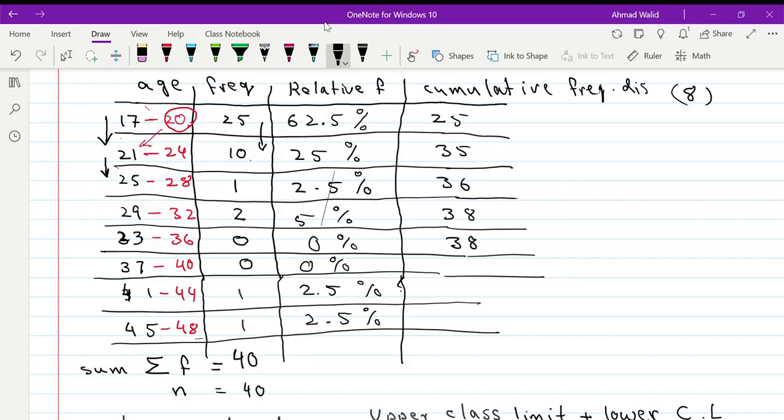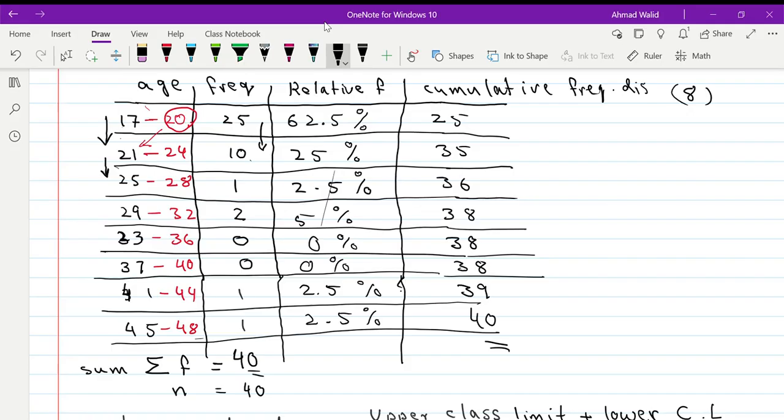Next one is 0. It gives you 38. Next one is 1. It gives you 39. Next one is 1. It gives you 40. You see this number and this number are the same? Always. This is what we call cumulative frequency distribution.